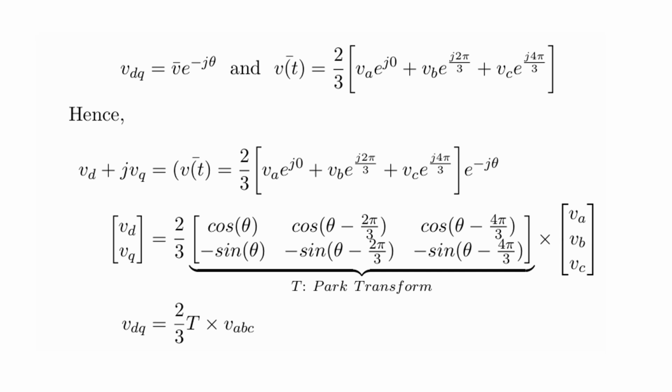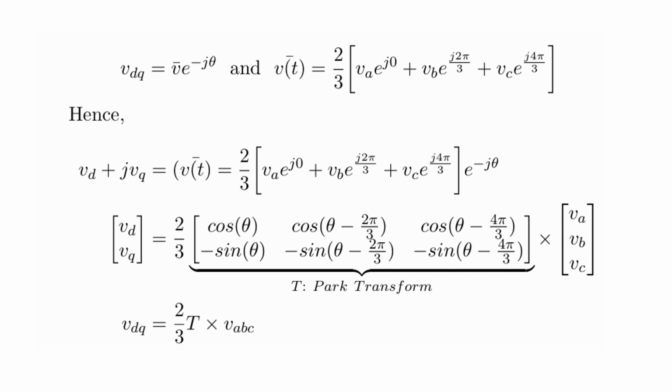So if you multiply the matrix R with C, then you will get this transform matrix T, that is cos theta, cos theta minus 2 pi by 3, cos theta minus 4 pi by 3, minus sin theta, minus sin theta minus 2 pi by 3, minus sin theta minus 4 pi by 3, into VABC. So we can consider this matrix as a capital T. Now we have seen three matrices.